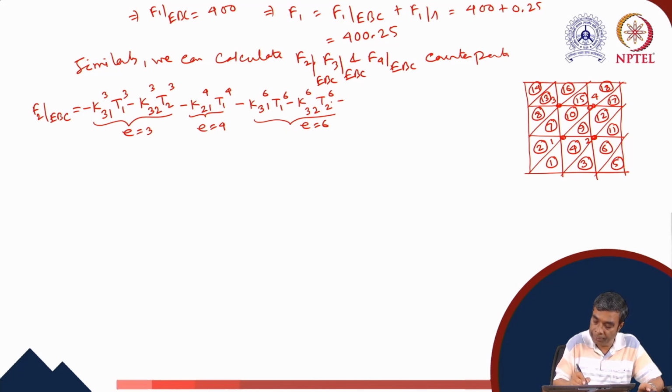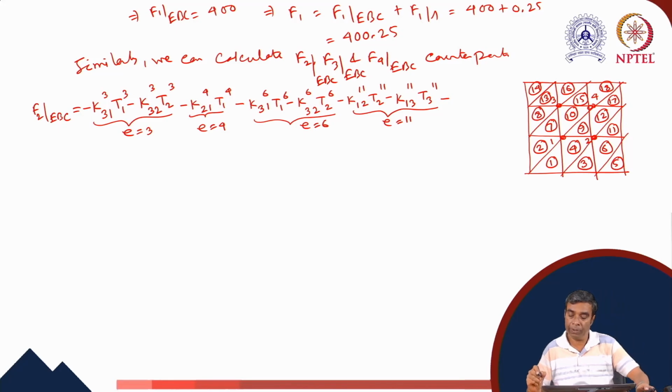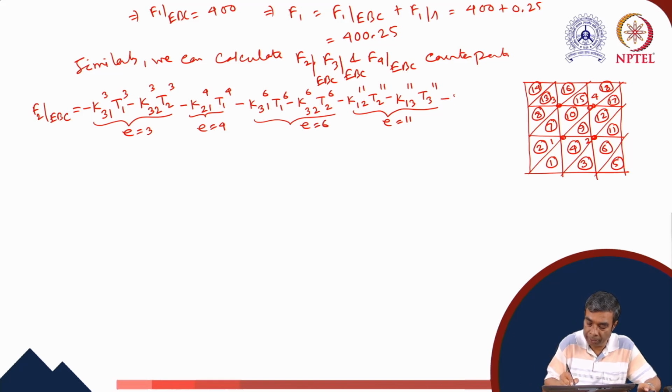Then we have element 11: minus K1211 T211 minus K1311 T311. This is the contribution from E equals 11, and the final contribution comes from element 12. So this is minus K1212 T212 minus K1312 T312.